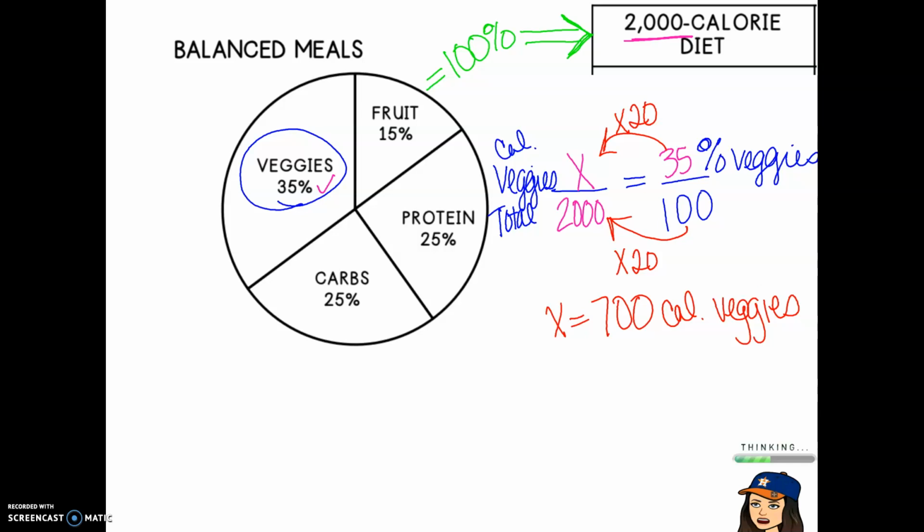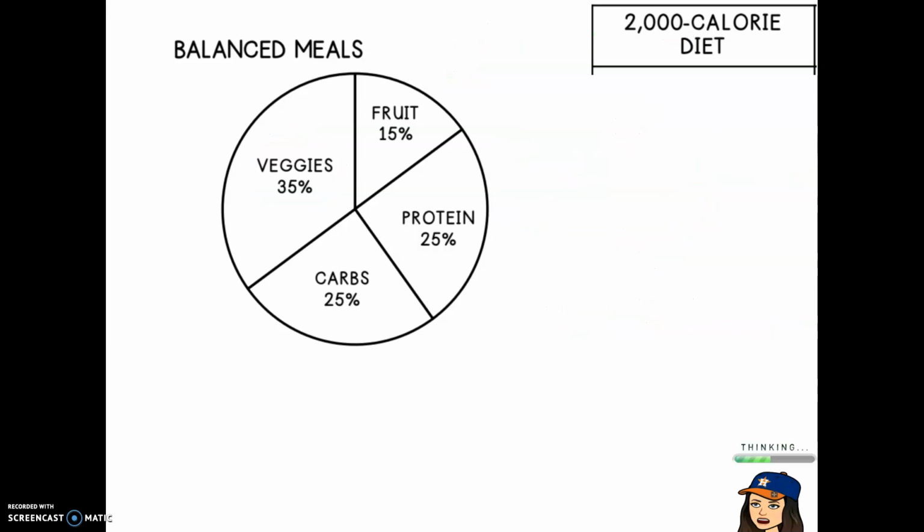Now, you're like, Miss Smith, I'm just not getting these proportions. Okay, let's think of it a different way. Veggies is 35%. Percent is always out of 100. So let's break down that 100%.